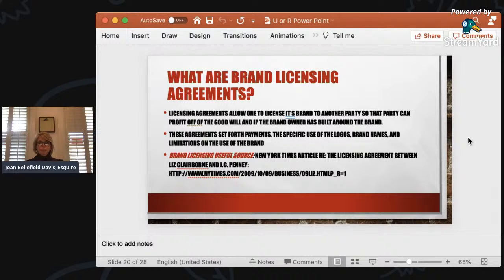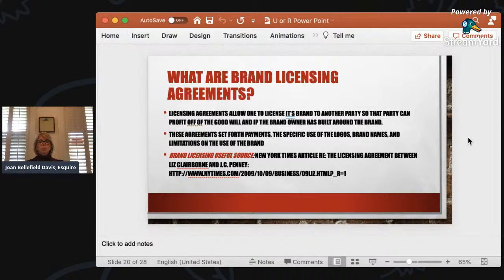For example, if you are the brand owner of Chanel, or actually there was a recent case of Tiffany, you may not want that item sold in a wholesale warehouse like Costco or on Amazon or anywhere like that. So your brand licensing agreements will prevent those things from happening. They will set up where the licensor can use the brand.